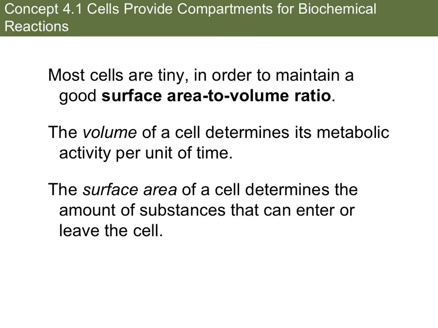The volume of a cell determines its metabolic activity per unit time, while the surface area of a cell determines the amount of substances that can enter or leave the cell.